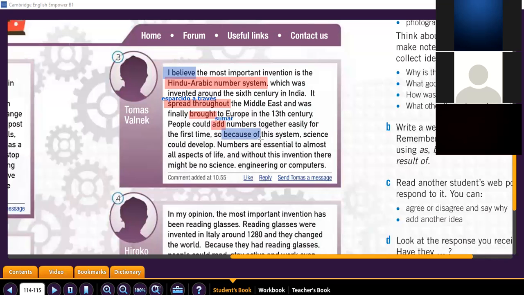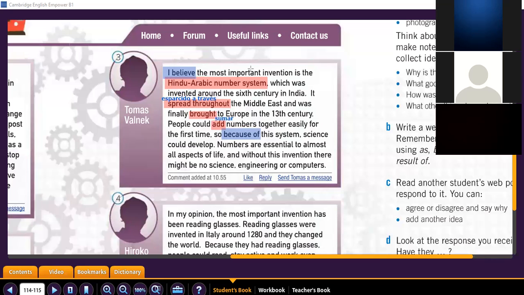Recuerden que este because of es para, sobre todo cuando ustedes van a introducir una razón de algo, ¿no? Because of, gracias a o por este sistema o gracias a este sistema, that would be the meaning of this phrase, because of. And we're gonna see how to use it just in a few seconds.